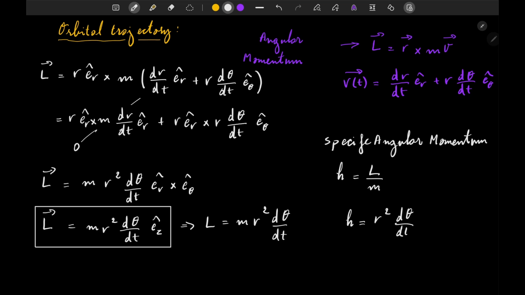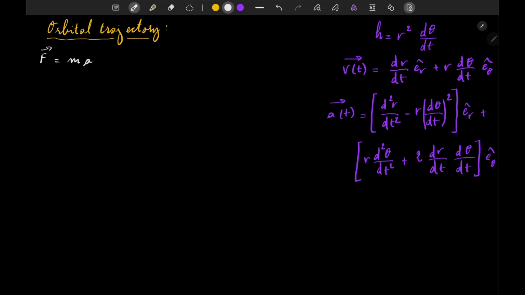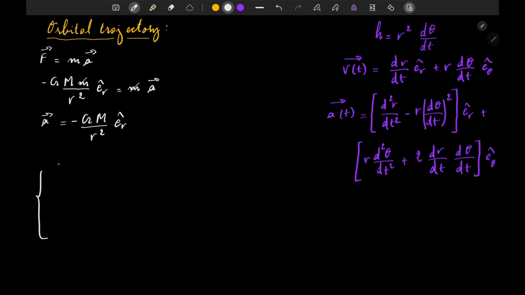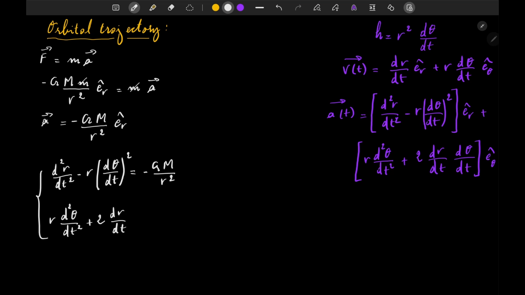Now for the actual derivation of the first Kepler's law. We will invoke Newton's second law, and the net force exerted on Earth is just the force of gravity exerted by the Sun. After that, we substitute the acceleration for its formula in polar coordinates, and we get the following two equations by equating the expressions corresponding to the e_r vector and the two expressions corresponding to e_theta in the two formulas of acceleration.